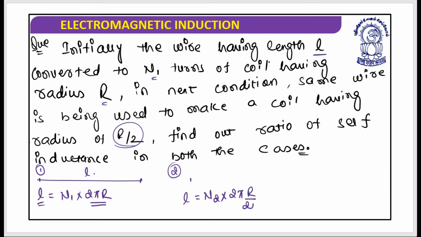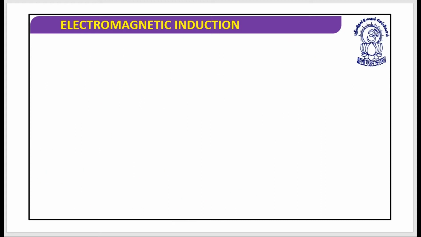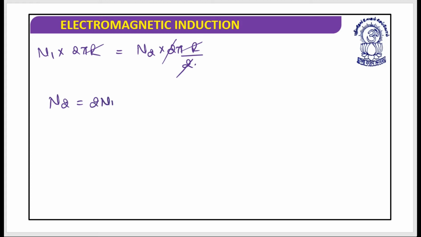Since the same wire is being used, I can compare this L. So N1 into 2 pi r should be equal to N2 multiplied by 2 pi into r by 2. This could be cancelled, and this pi r could be cancelled. So N2 is equal to 2 N1. So the next time it has made double the number of turns than the previous one. I hope this is clear.